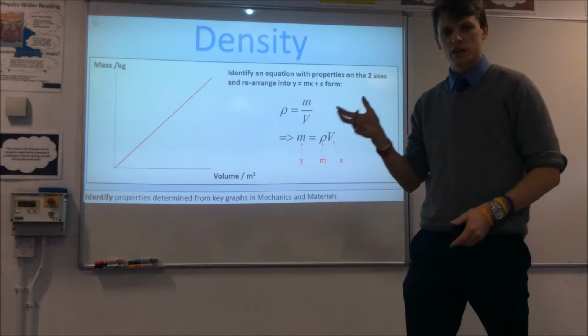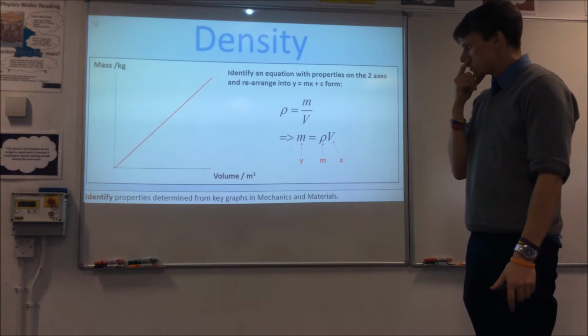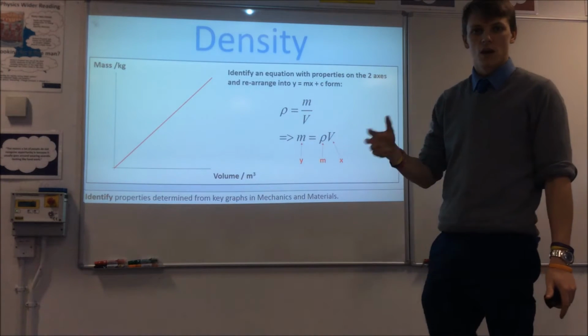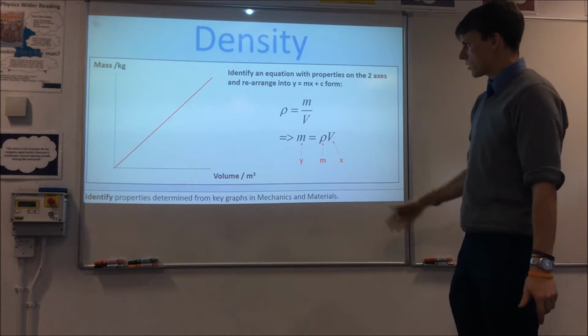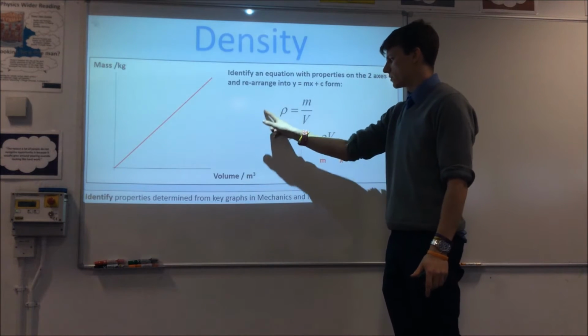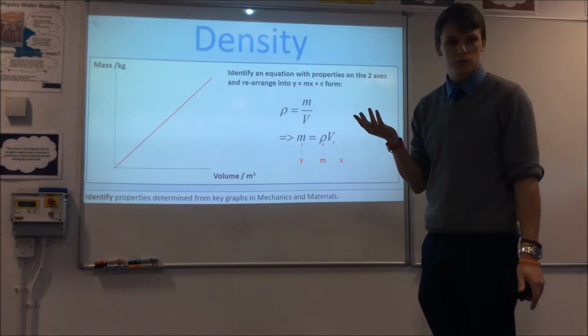Okay, so let's start off looking at the first topic in materials, so density. If we have a mass versus volume graph and we want to know what the density is, most of you will know density is mass divided by volume. But if you jump onto your equation sheet, you'll find this equation here for density. So what we're going to do is rearrange it to y=mx+c format.